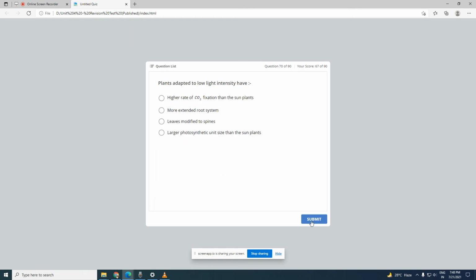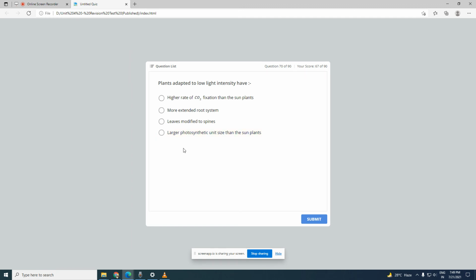Plants adapted to the low light intensity have high rate of CO2 fixation than the sun plants, more extended root system, leaves modified to the spines, larger photosynthetic unit size than the sun plants. Which is the right answer?